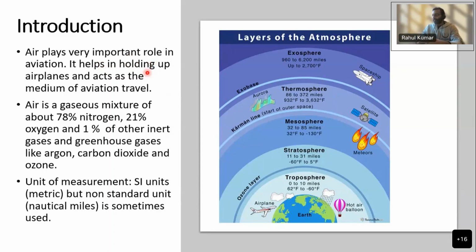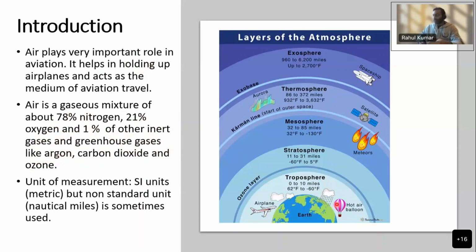Now air is a gaseous mixture, we all know about it, and it consists of 78% nitrogen, 21% oxygen, and 1% other inert gases and greenhouse gases, something like argon, carbon dioxide, and ozone.